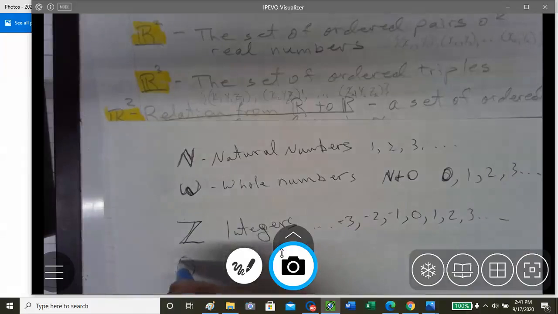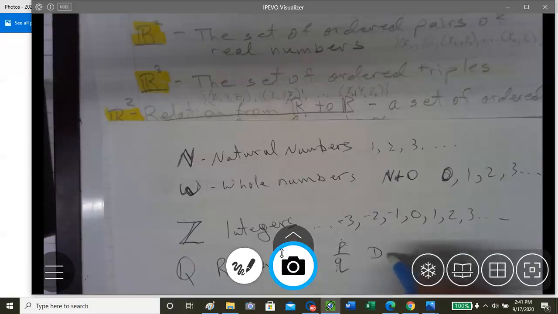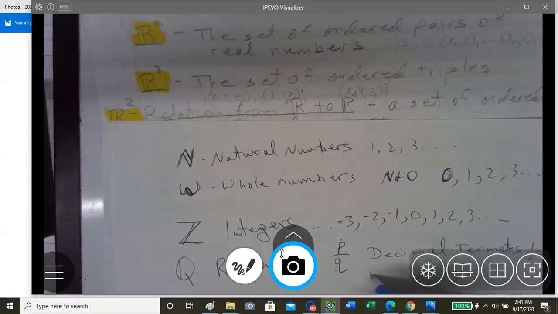And then we have rational numbers. That's basically fractions, where it's an integer over an integer, and you can take the fraction and convert it to a decimal, where the decimal terminates, like 1/2 equals 0.5, or repeats, such as 1/3, 0.333333 repeating.